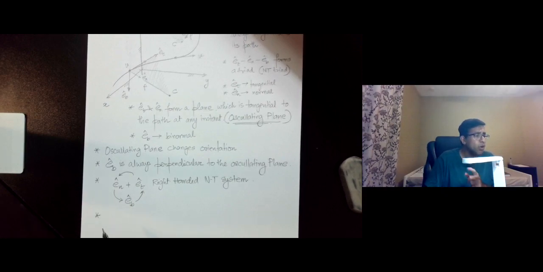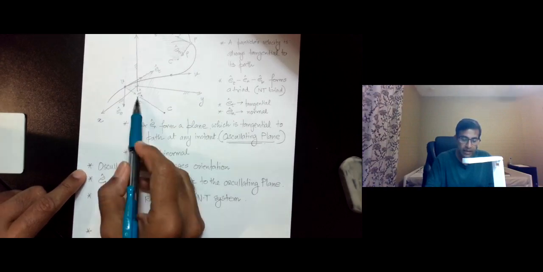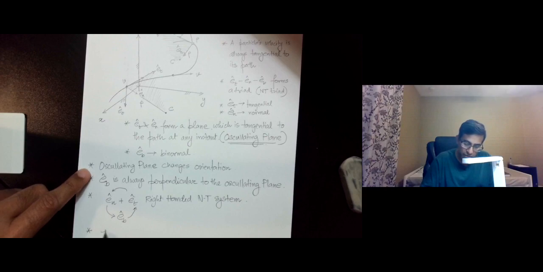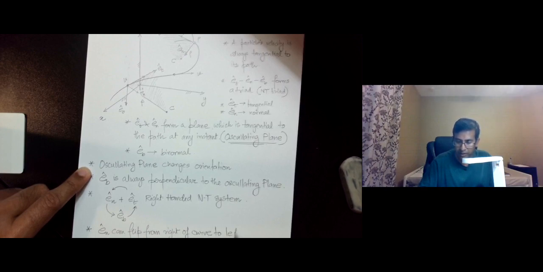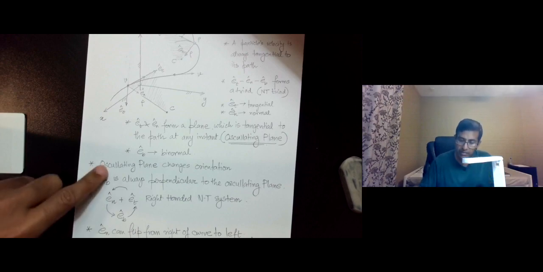One thing that will also come up, as we just discussed, is that En can flip its direction from right of the curve to left. And when does that happen?